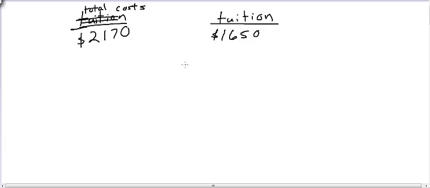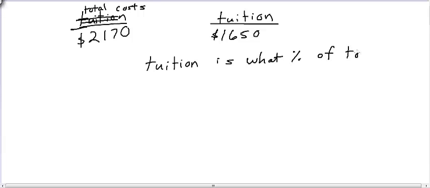We're essentially asking: tuition is what percentage of total costs?